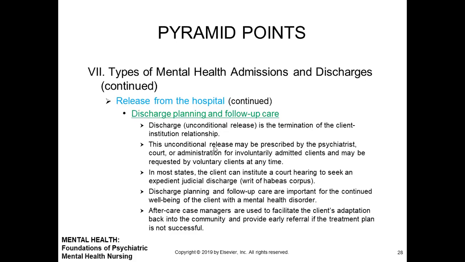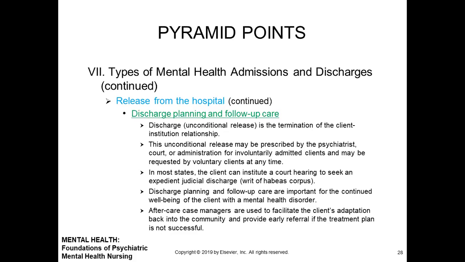This unconditional release may be prescribed by the psychiatrist or by the court or administration for an involuntarily admitted client and may be requested by a voluntary client at any time.